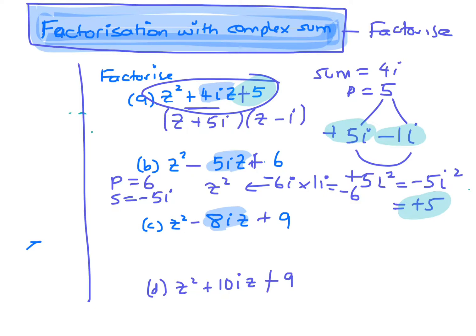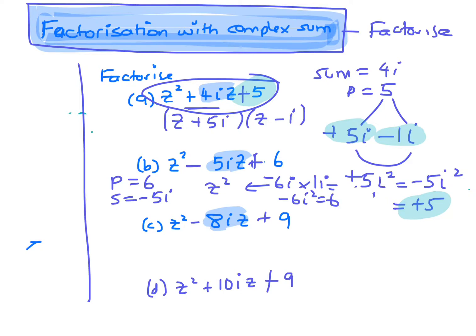But we've got to get a minus 5i in the middle, so it's minus 6i plus 1i, which gives you minus 5i when you add it, but it'll give you minus 6i squared, which is 6 when you times it.